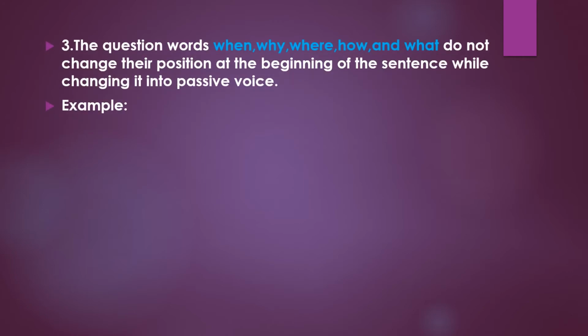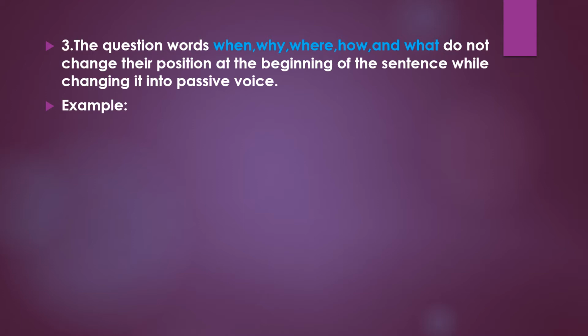Now, the third point is the question words: when, why, where, how, and what. They do not change their position at the beginning of the sentence while changing it into passive voice. When we change active voice sentences with these words into passive, the position of the question word remains the same.